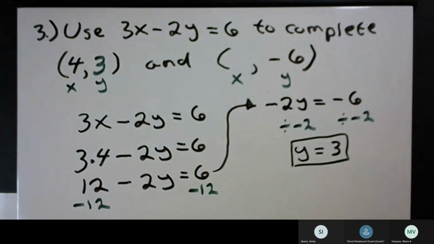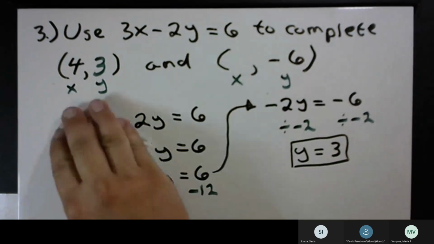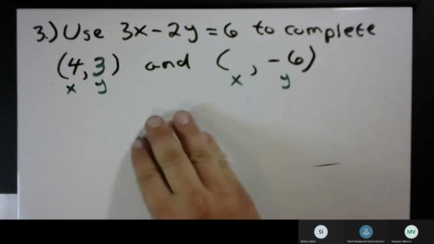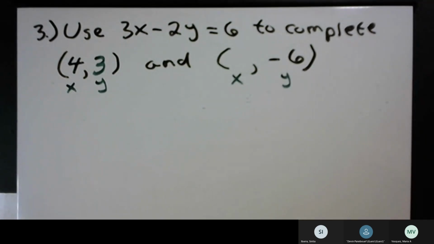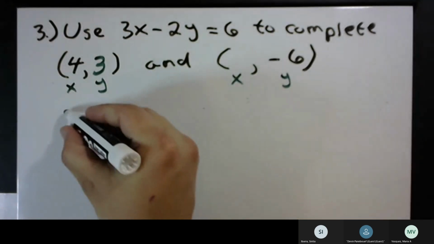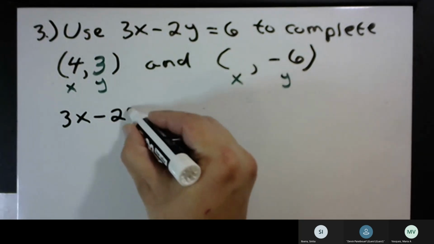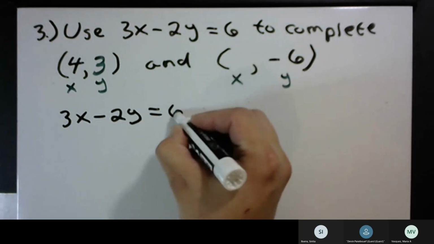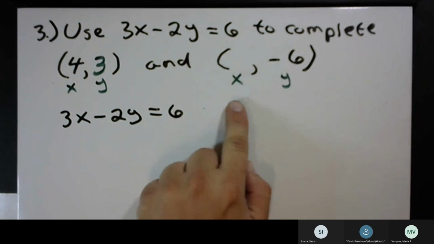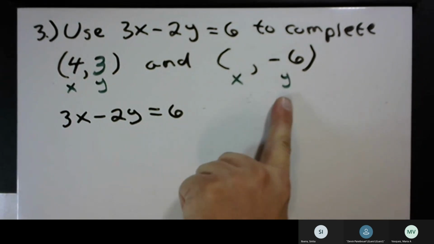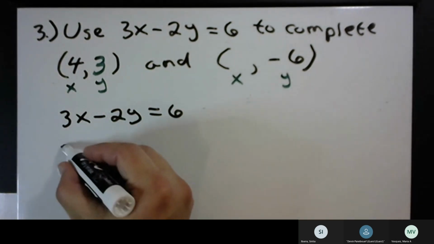Now let's go to this point. So we start out with our equation. We don't know x, but we do know y. It's negative 6.